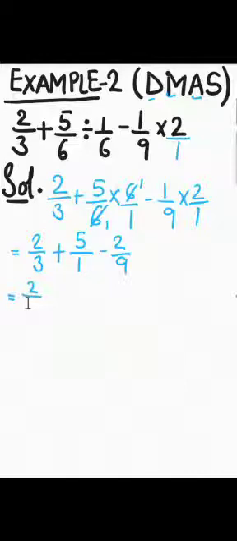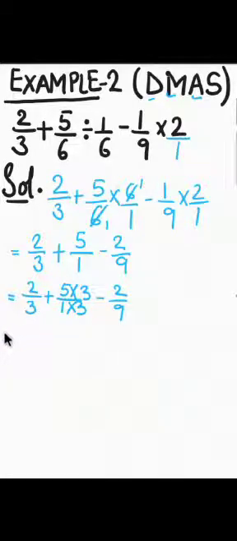2 by 3 will remain as it is because the denominator is already 3. To make 5 by 1 an equivalent fraction, you have to multiply 3 into its denominator so that fractions become like. This is also 3, and this will also become 3. Don't forget to write minus 2 by 9 as it is.